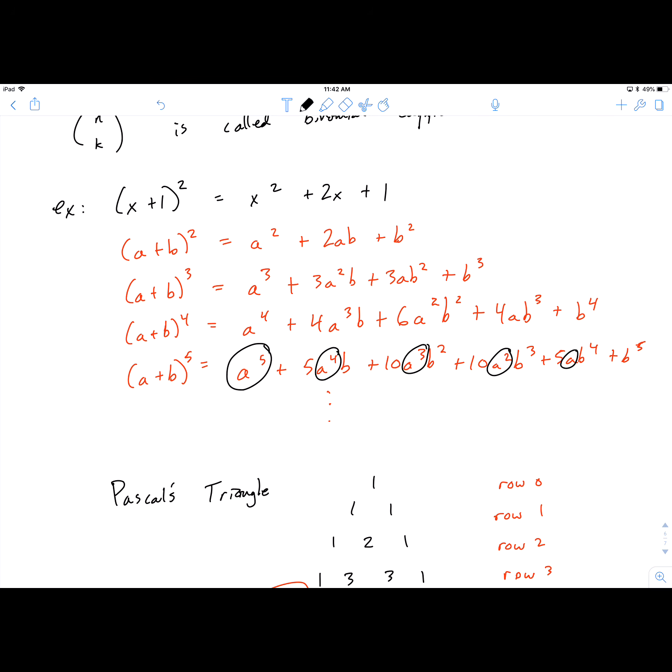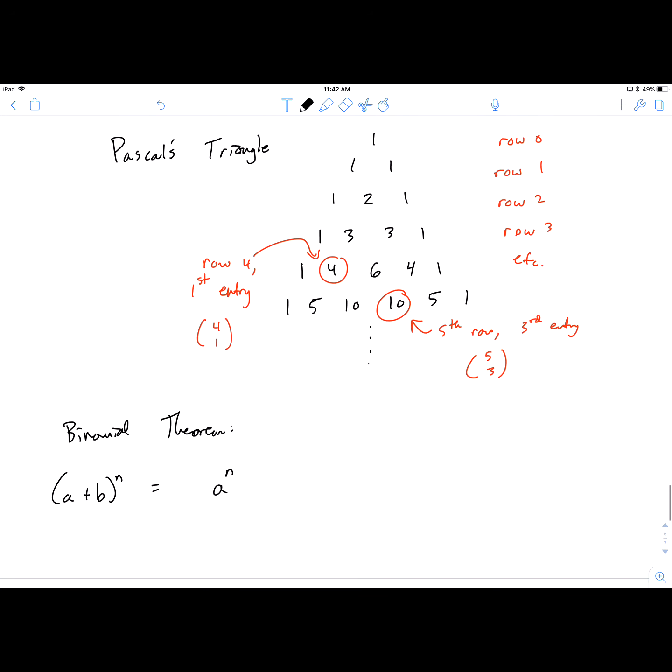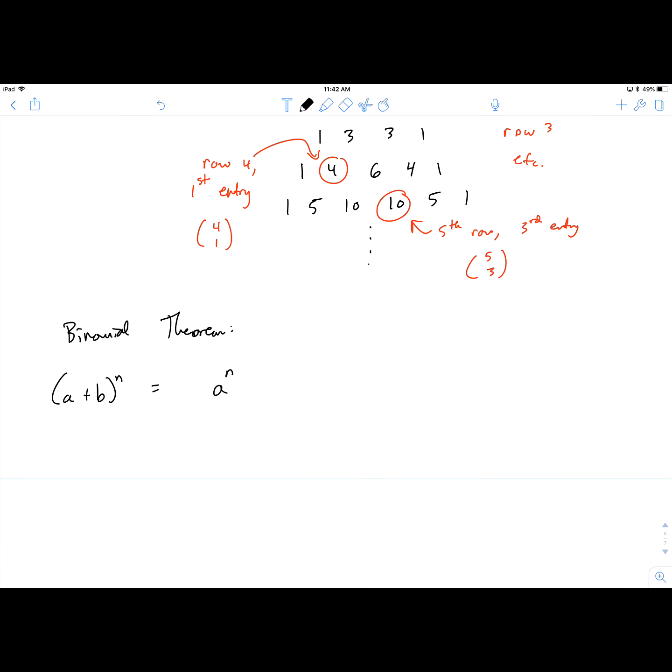So it goes from the 5th power to the 4th to the 3rd to the 2nd to the 1st, and then lastly to the 0th power, so it disappears. So following that pattern, the next term is going to have a to the n minus 1, the next term is going to have a to the n minus 2, and so on.